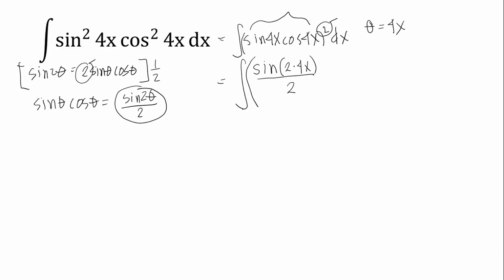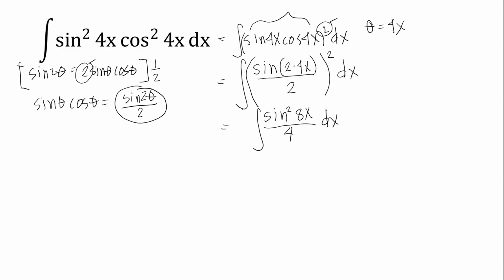Therefore, we have to raise it to 2 as well, or square the function as well. So by further evaluation, we can say that it is sine squared, the angle now is 8x over 4, okay, dx. However, we still don't have an integration formula for sine squared 8x.